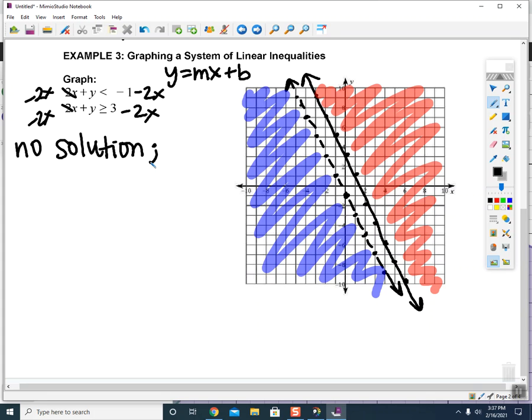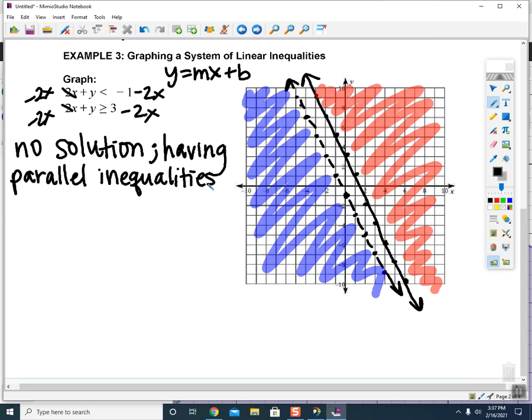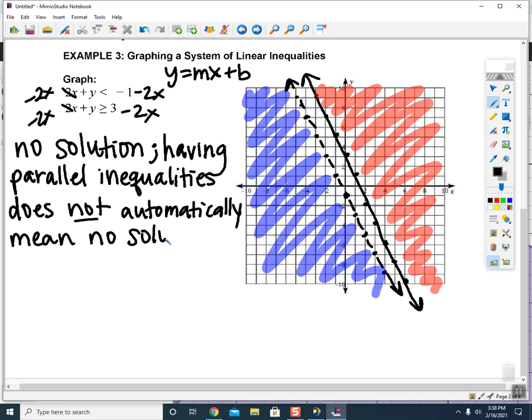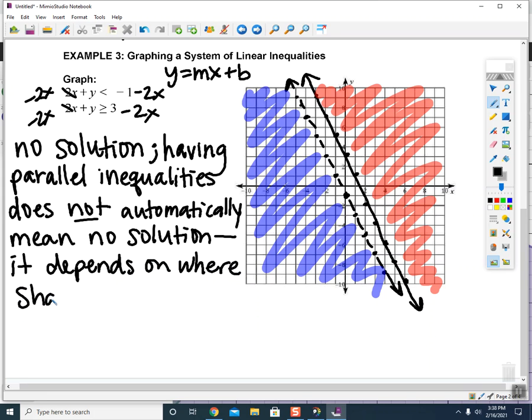Okay, so something that I would like you to take note of is having parallel inequalities does not automatically mean no solution. It depends on where the shading goes.